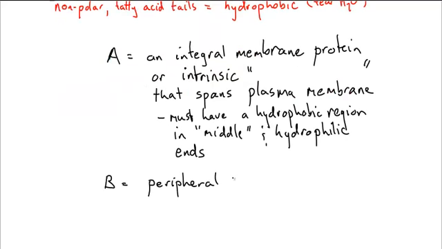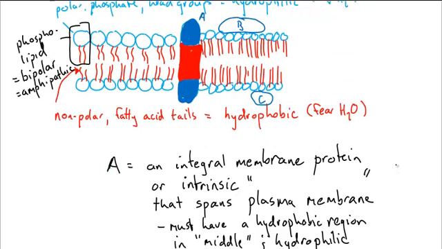So it's a peripheral, or because it's on the edges, not the inside, extrinsic membrane protein. So it's somehow attached to that membrane. Sometimes they actually have little fatty acid tails that help embed them into here.